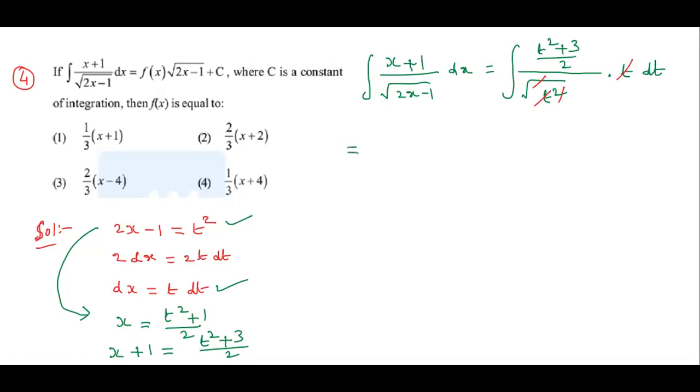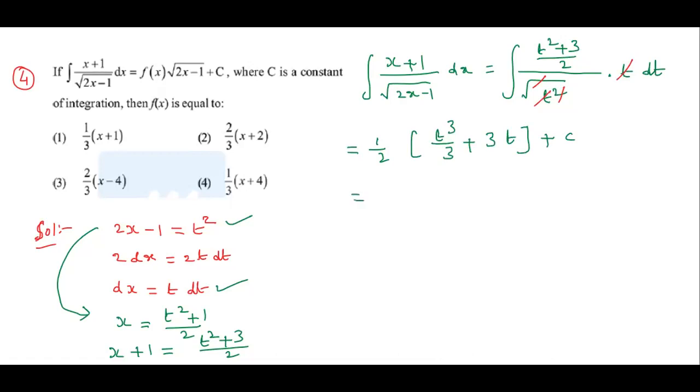So take 1 by 2 outside and apply the integration. Integration of t square is t cube divided by 3, plus 3 into integration of 1 dt, that is t, plus c. Here t square value is 2x minus 1.